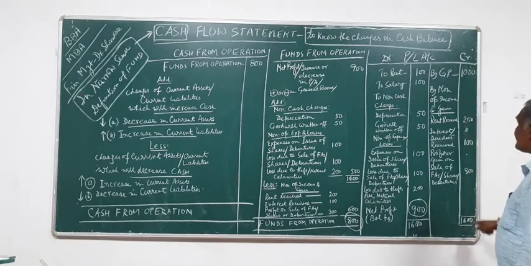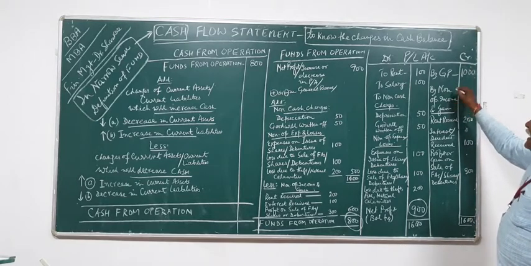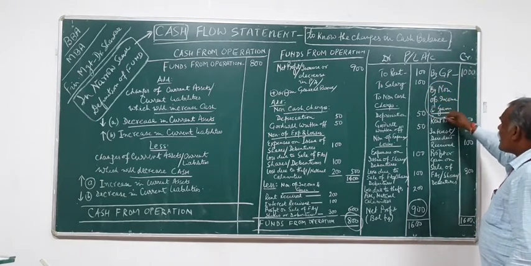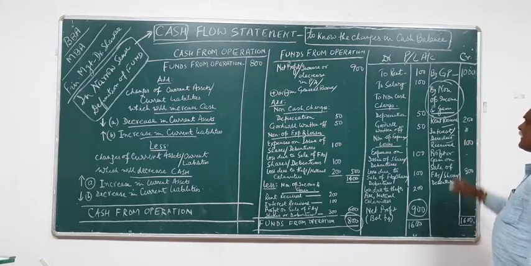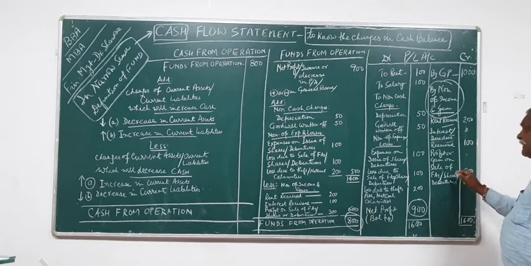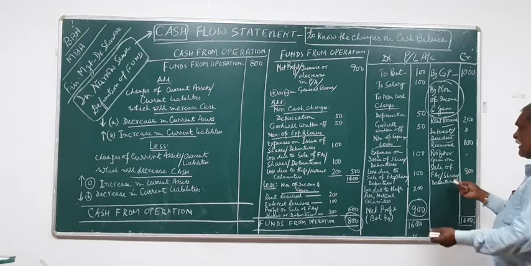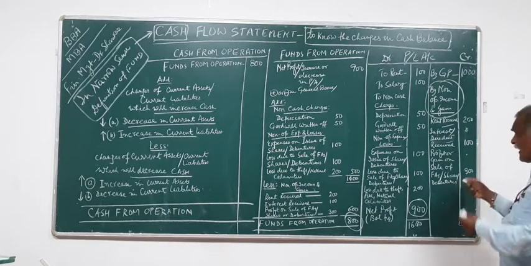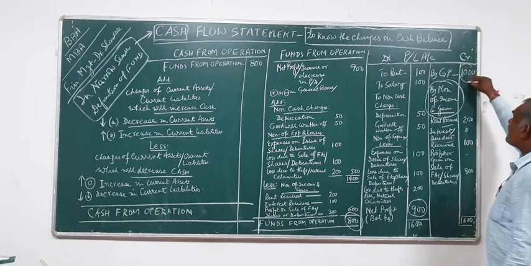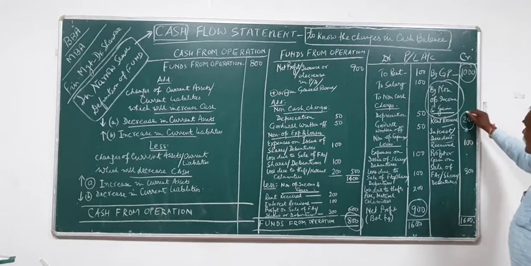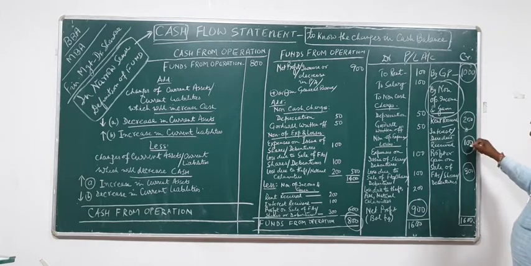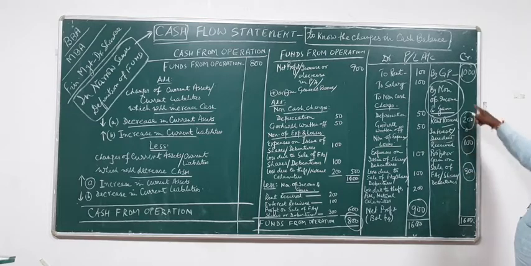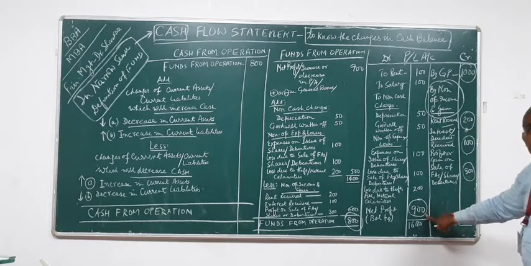When we add to gross profit the non-operating income and gain, that is rent received, interest received, dividend received, profit or gain on sale of fixed assets or debentures or shares, 300. So in gross profit we are adding non-operating income and gain, that is 600: 200 plus 100, 300 plus 300, 600. Because of this 600, the net profit is increasing.